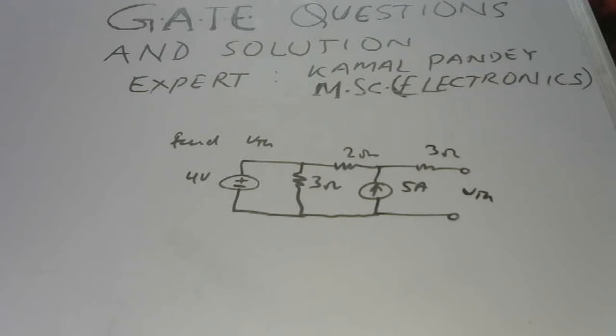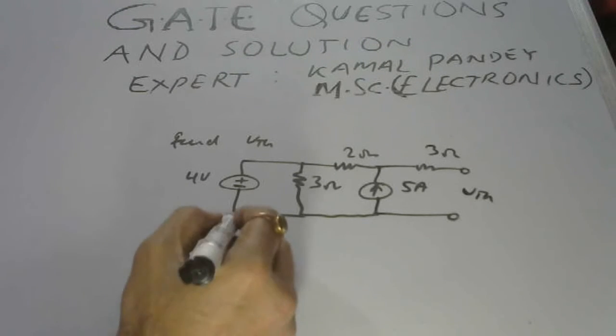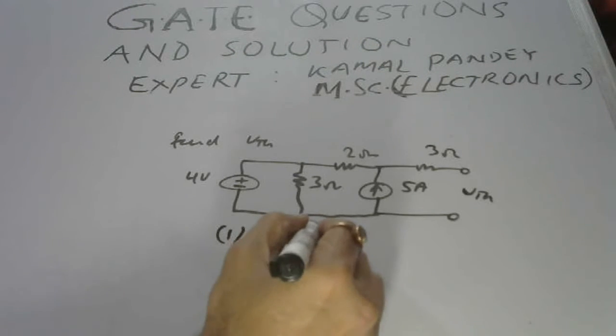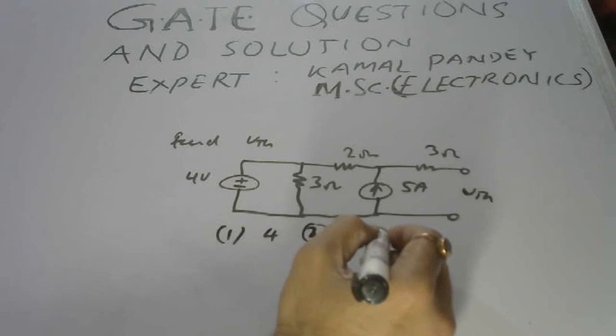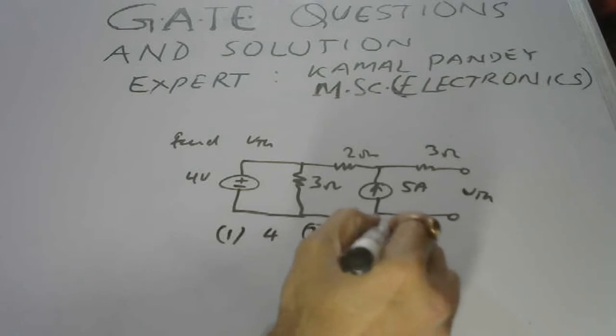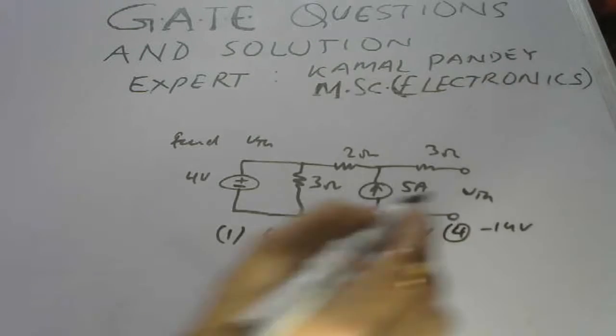Here we have options: number 1, 4 volt; number 2, 3 volt; number 3, 14 volt; number 4, minus 14 volt.